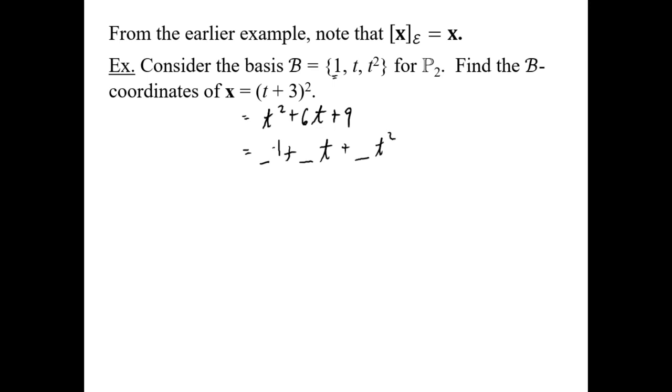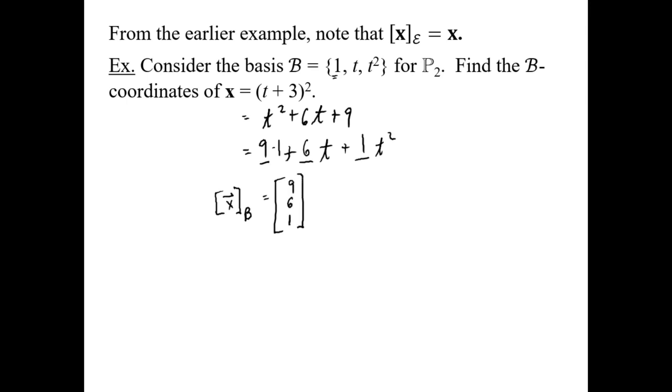And of course, just simplifying this, we get 9 times 1 plus 6 times t plus 1 times t squared. What that tells me is this vector in B2, we can express that with coordinates. So the coordinates of x relative to this basis B would be the coordinates 9, 6, 1.